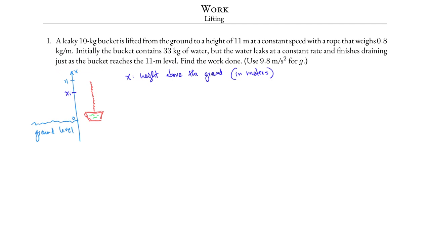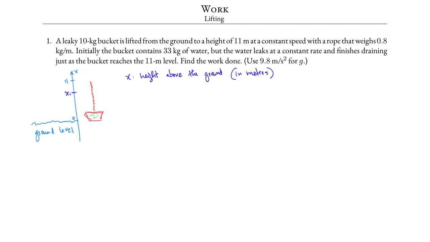Also, the mass of the rope is not constant because initially the length of the rope is 11 meters, but when the rope gets to the top, the length of the rope is 0 meters.